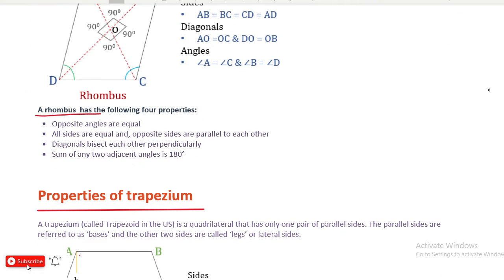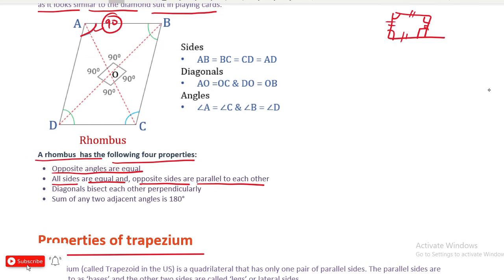A rhombus has the following four properties. Opposite angles are equal, same as a parallelogram. Okay. Opposite angles are equal. All sides are equal and opposite sides are parallel to each other. Okay. All sides are equal.